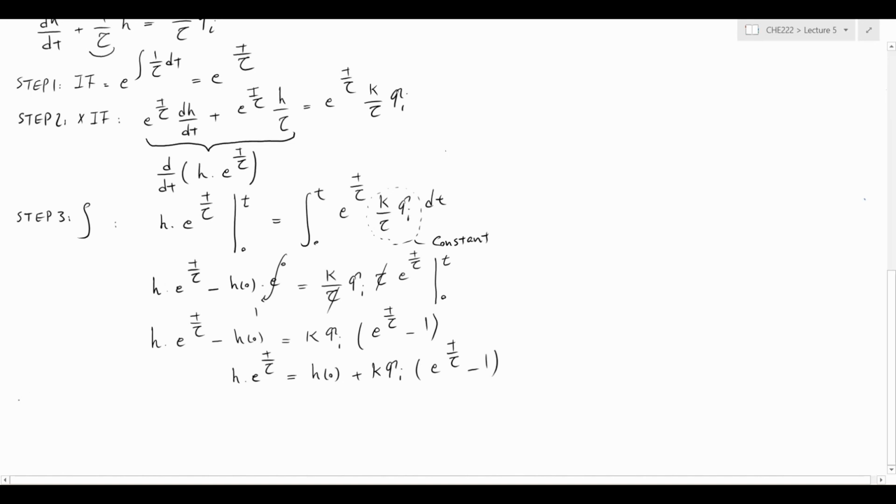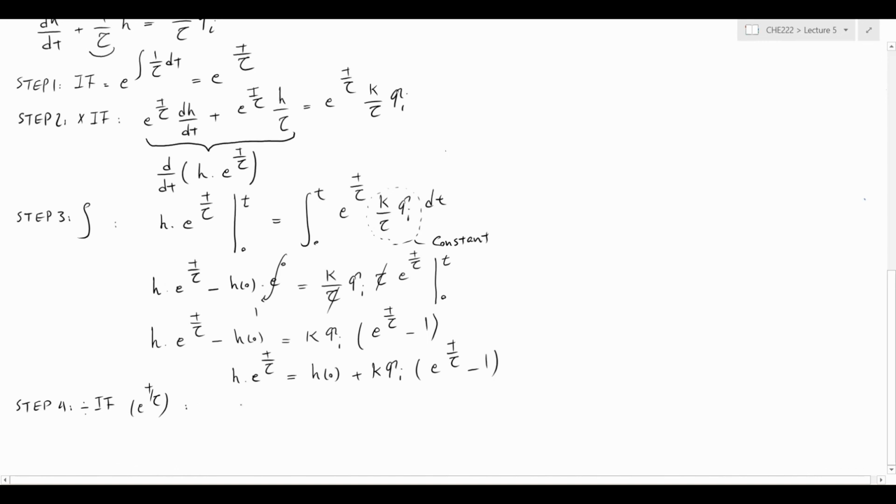Now it's time for step 4, which is dividing the two sides of the equation by the integrating factor. In this case, our integrating factor is e^(t/tau).